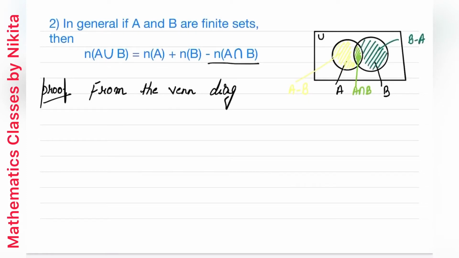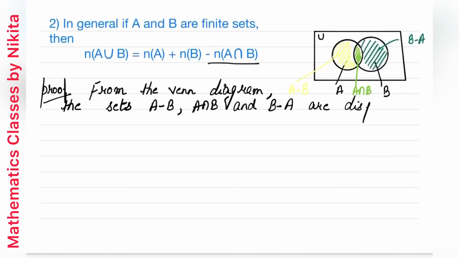We can see from the Venn diagram that the sets A minus B, A intersection B and B minus A are disjoint and their union, very important, their union is A union B. So therefore I can apply formula 1 to find the number of elements in A union B.